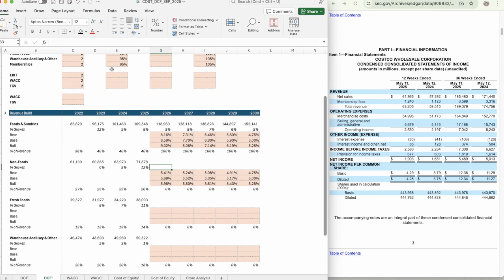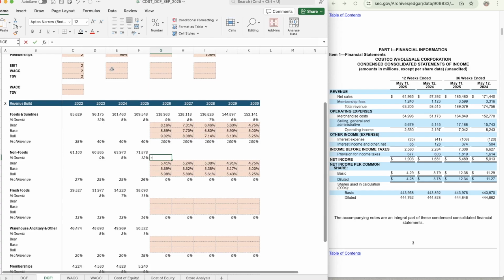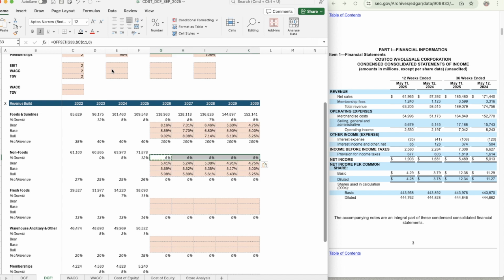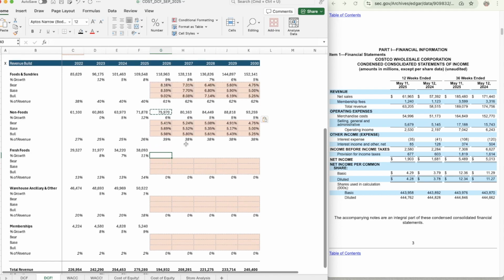So to calculate, equals offset the cell that we're in, G33. Then we want to lock in C11. We go 0. We pull it along, and we take last year multiplied by 1 plus the growth rate. And we then just pull it along. We do the same again.